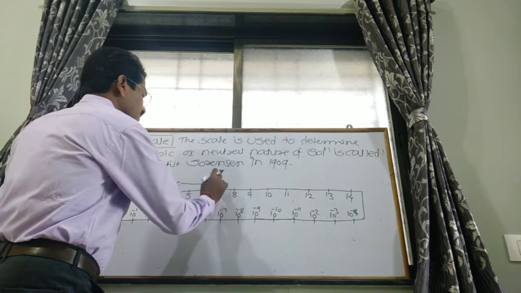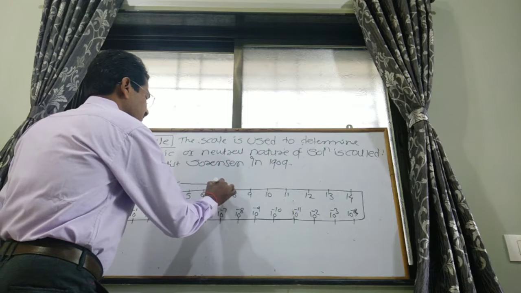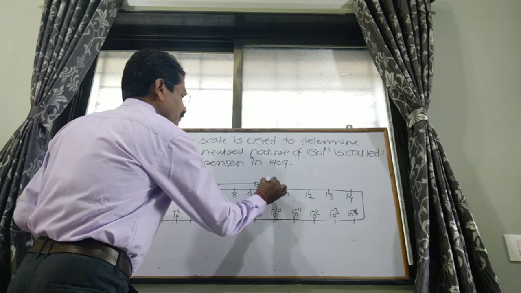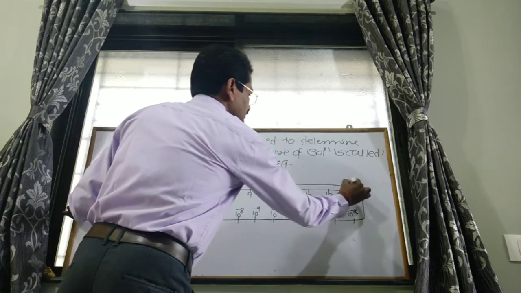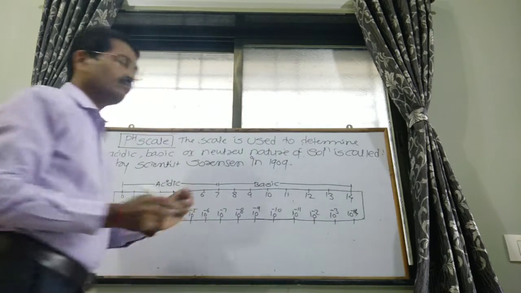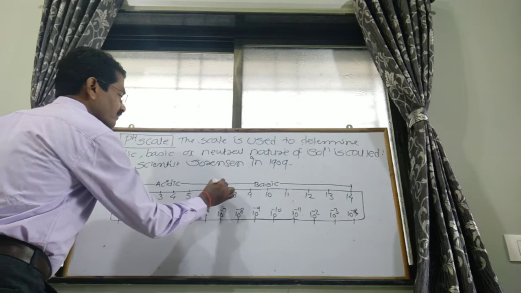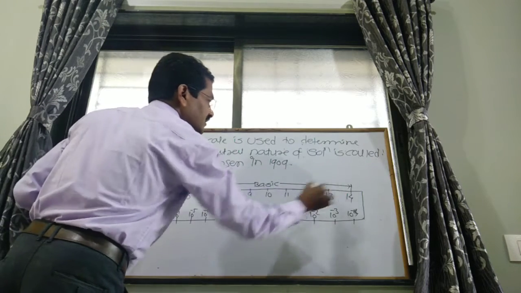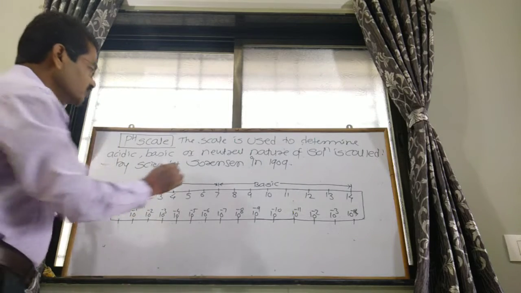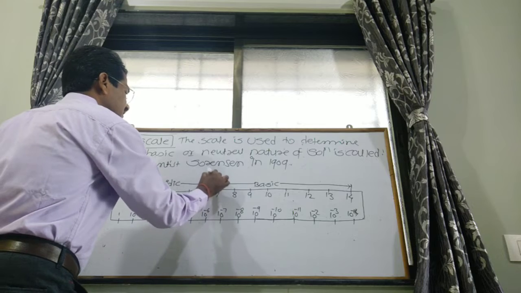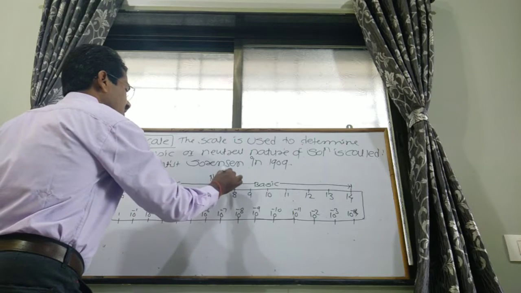Then 7 to 14 is basic in nature. So this is acidic and basic. If the solution has an exact value of 7, then that solution is neutral.